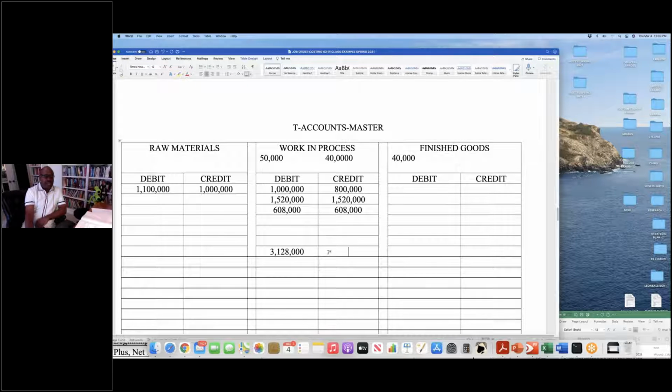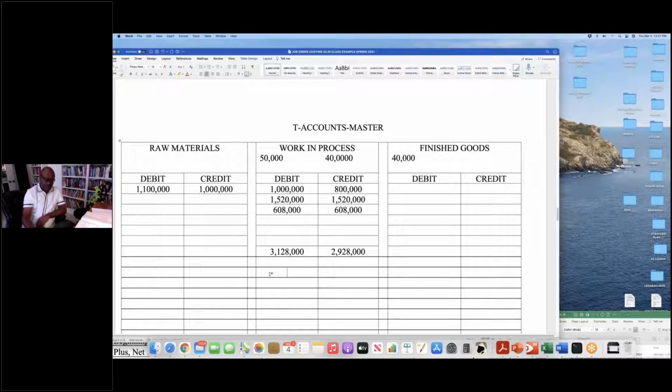What do these numbers add up to? 2,928,000. Okay. So we just have the one number here, but we're showing how it would look. What's going to be our balance in work in process at this point?